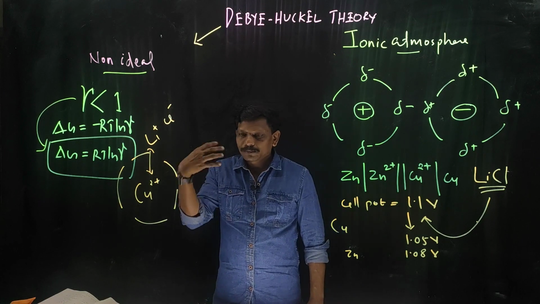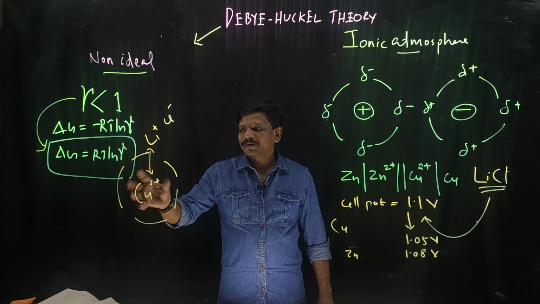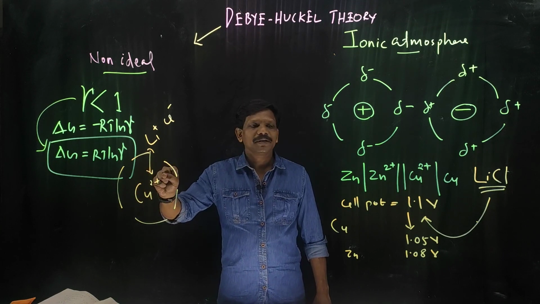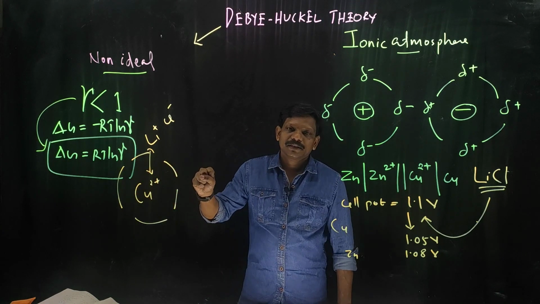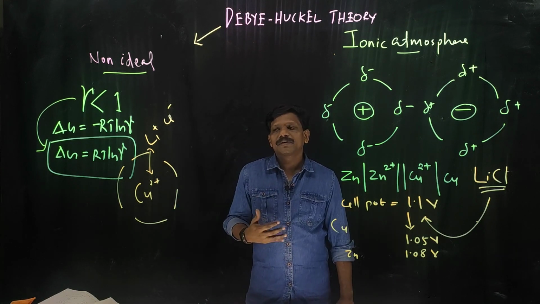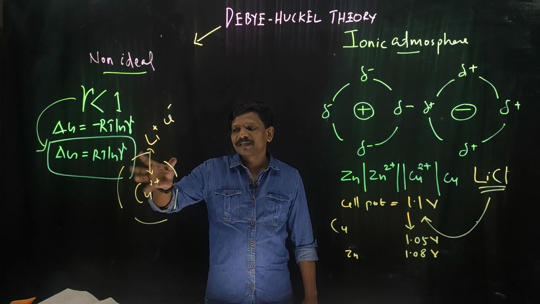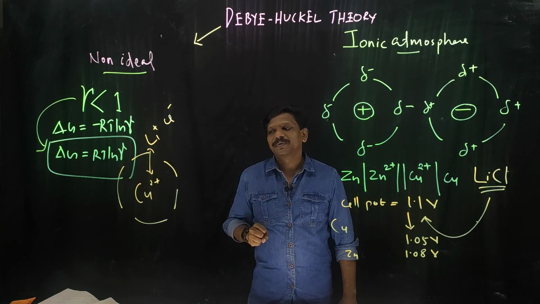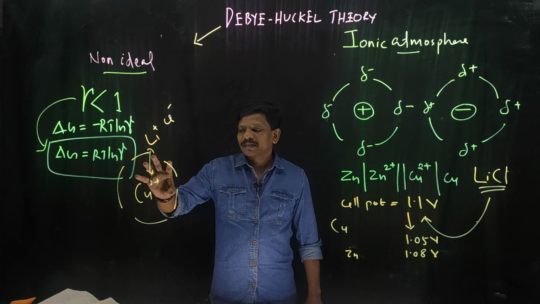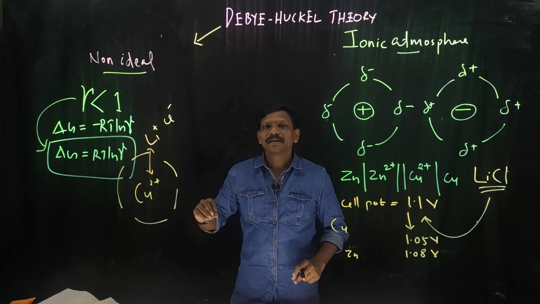More ions mean the movement of Cu2 plus will be restricted, so it cannot show its effective charge. That is a disturbance to this ionic atmosphere, and actually there is a screening effect. That particular effect is called the screening effect.